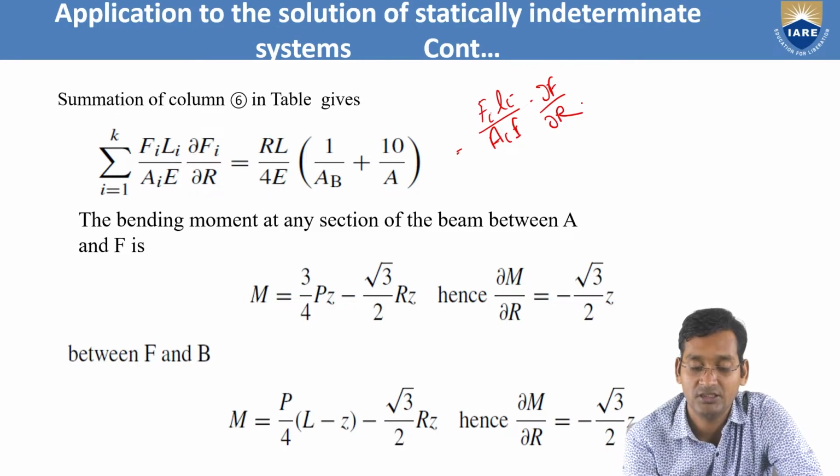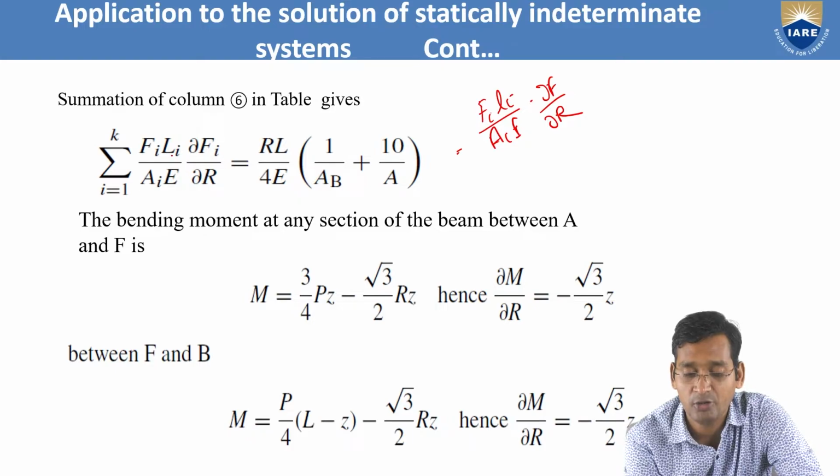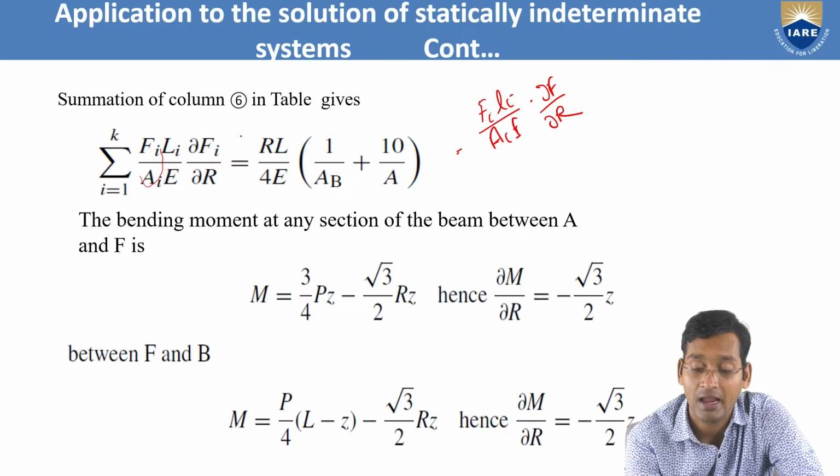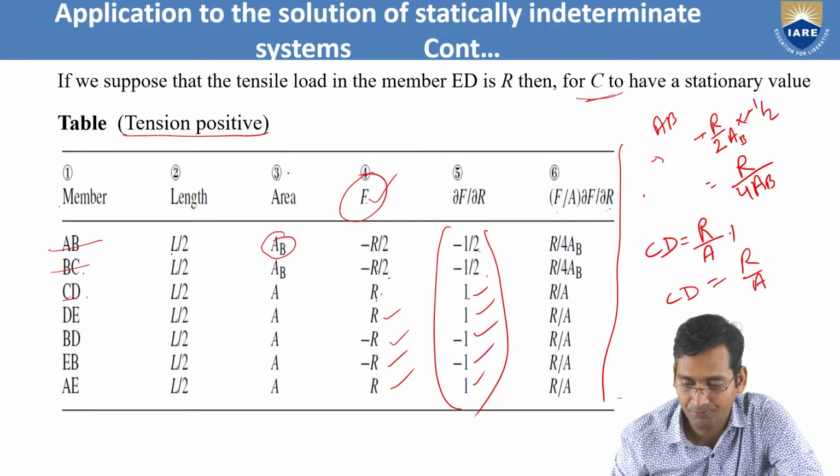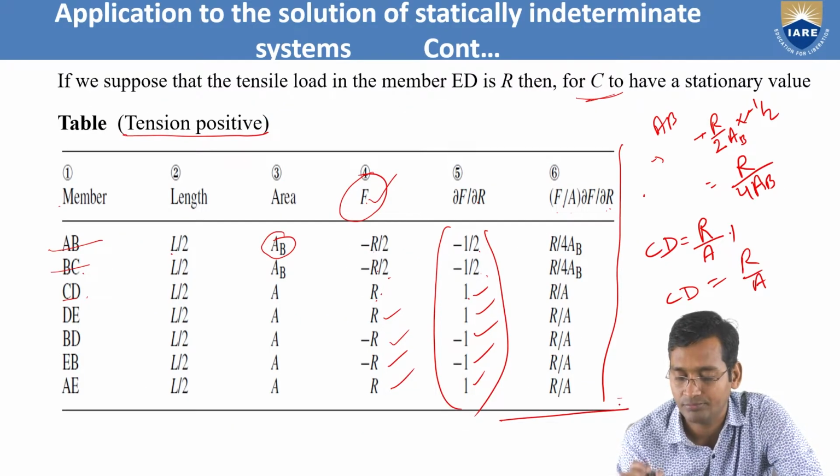Now this is required. It's a sum of all. There we found Fi by Ai, and then this is required. Only E will be common to all.